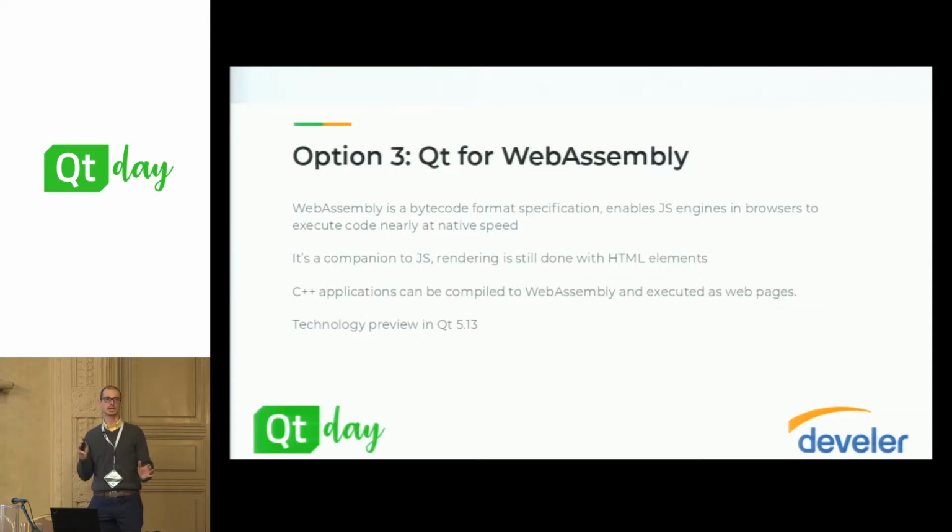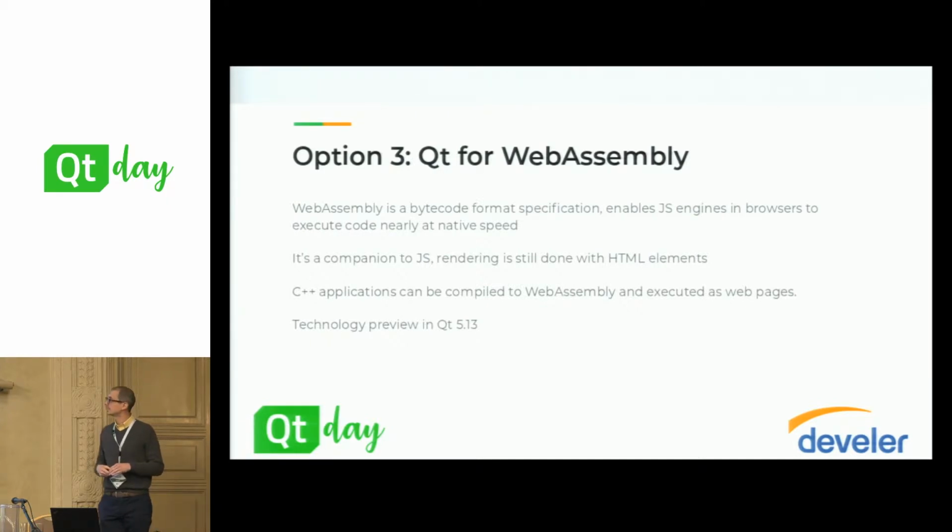It's something in the range of 50 to 70% of native code, so it performs really well. Notice that WebAssembly is not a replacement for JavaScript, but it's a companion to it. Rendering is still done with HTML elements, Canvas or whatever, and for example, user input is still done with regular JavaScript.